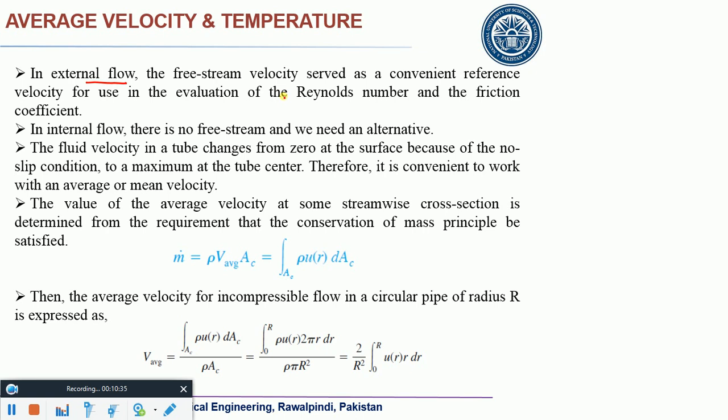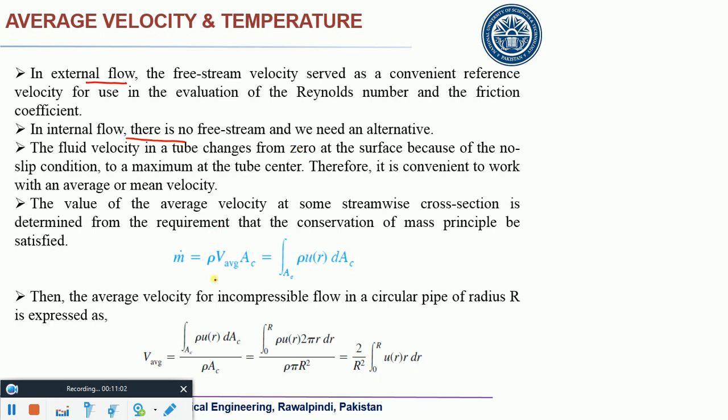That bundle of tubes, which is basically a heat exchanger application, which velocity would you use to calculate the Reynolds number? The maximum velocity. You would use the maximum velocity. So in internal flows there is no free stream, so we take the average velocity as the alternate.